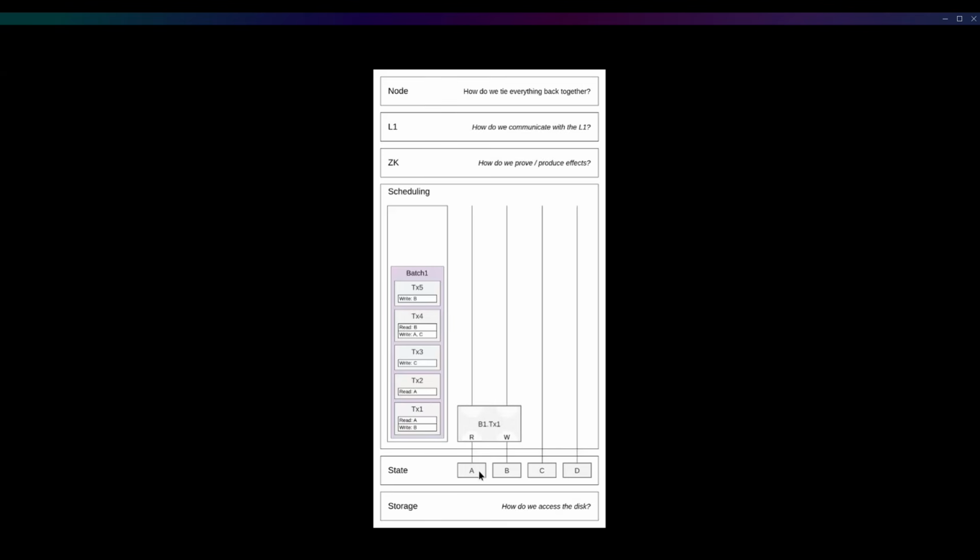Transaction 1 wants to read A. I don't know if that's visible, but I hope so. You have little adapter-like things here. So you have an input to the transaction, you read the value. Here is a W because you want to write it. And then once the transaction is done, it outputs the very same resource again. So it says, okay, I read this value and I've written this value.